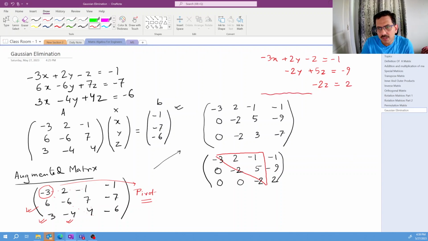So now computation wise, this is a lot easier to resolve from the computation point of view. And that's the advantage of this Gaussian elimination algorithm.